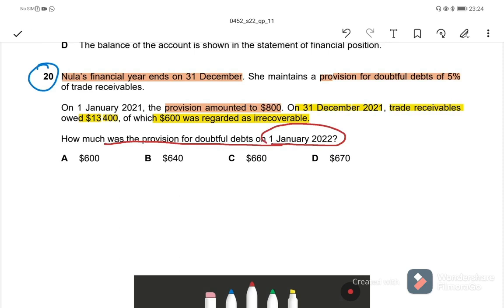After deducting the bad debt, we always calculate the provision.